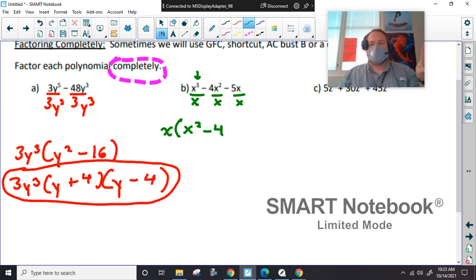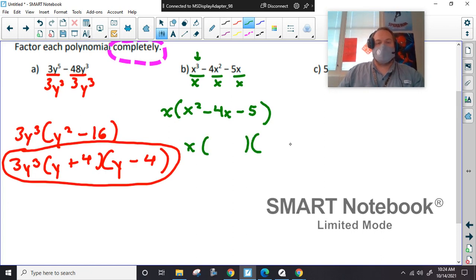If I had 2 x's and one of them mysteriously disappeared, now I have 1x. And then got that. Now this is something we can deal a little bit better with. Okay. This we could do the shortcut method on, or AC bus to B, depends on how you operate.